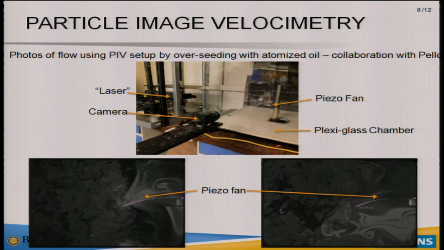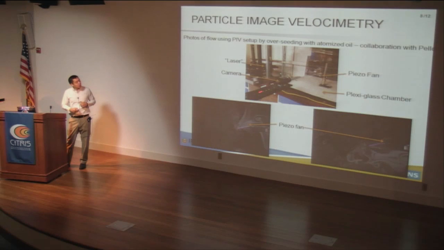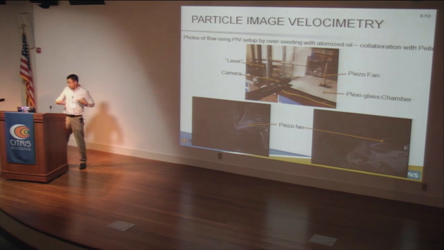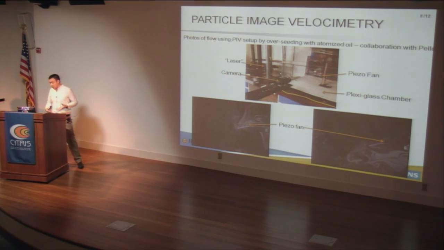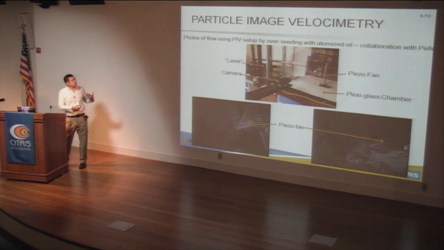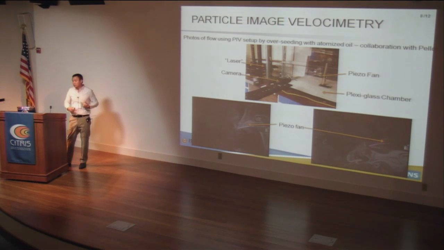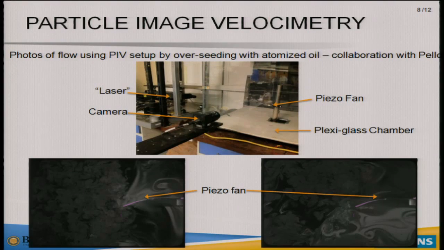Essentially, there's a laser with a camera orthogonal to it, and over here you see this piezo fan in this chamber. The chamber is filled with atomized oil, and the laser syncs up with the camera to allow us to visualize snapshots.